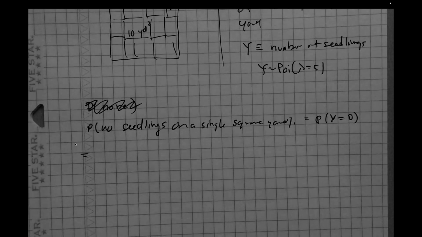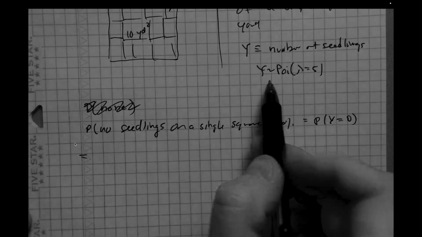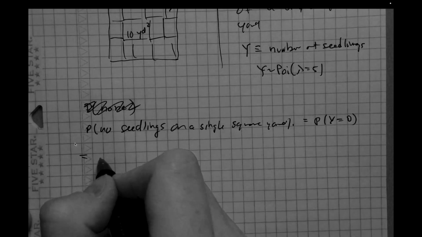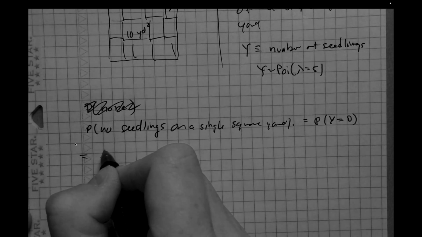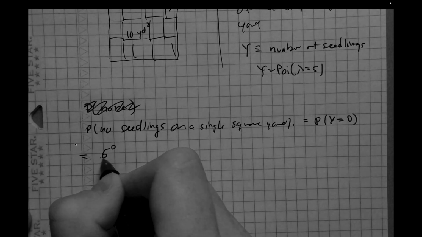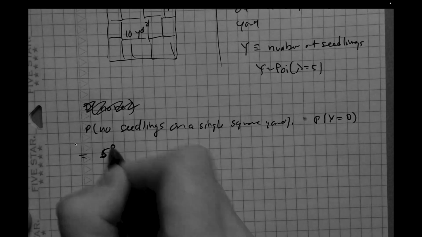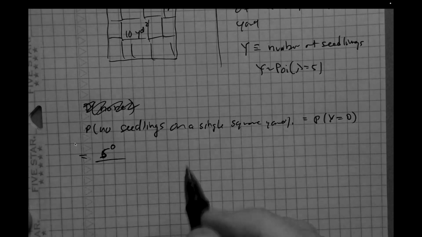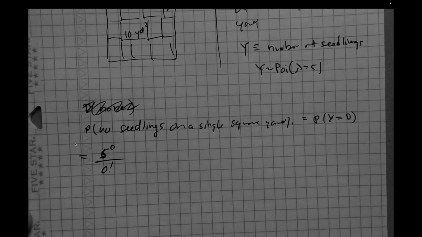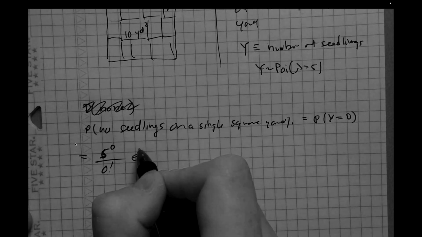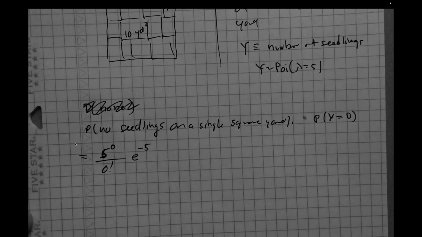Okay, and so we know that this is a Poisson random variable, so it's lambda to the y power over y factorial, where 5 is our lambda and y is 0, so it's 5 to the 0 over 0 factorial, and then e to the negative lambda, so negative 5.